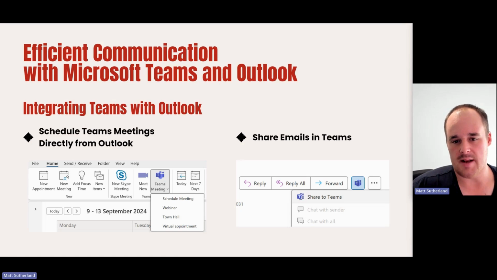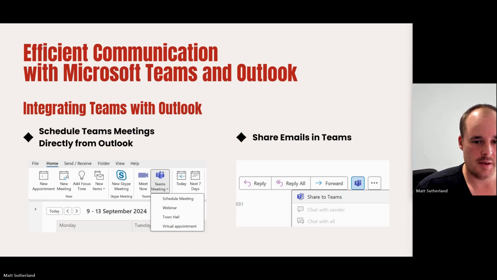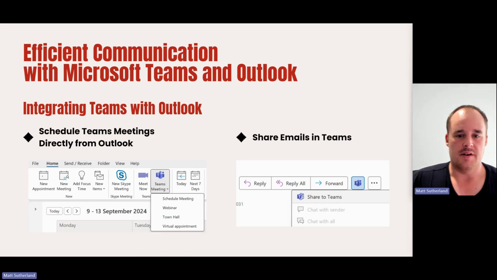But it's attaching that Teams join link for everybody to make things simple. When you use this as well, when the calendar reminders pop up in Outlook, it will also allow you to join directly from that reminder, which can sometimes just shortcut how many clicks you need to do to get into and start a meeting.